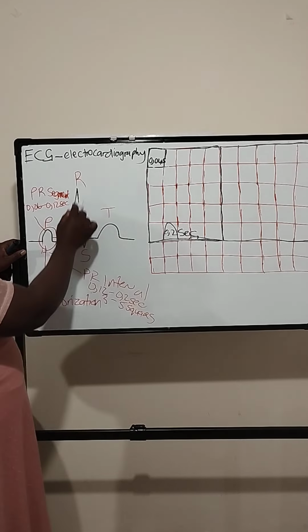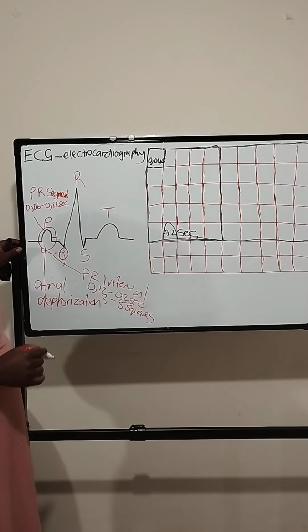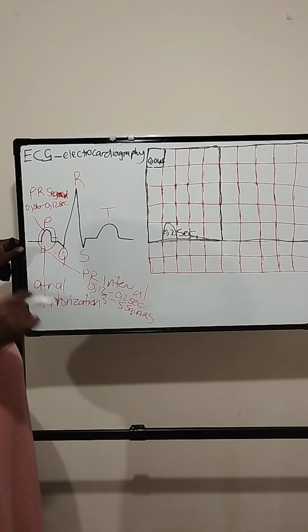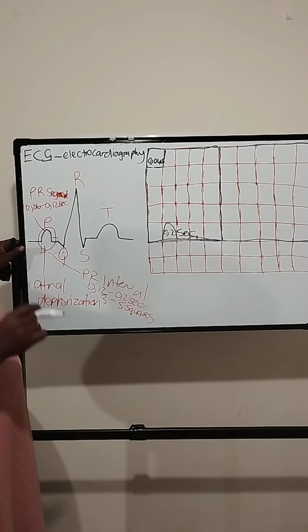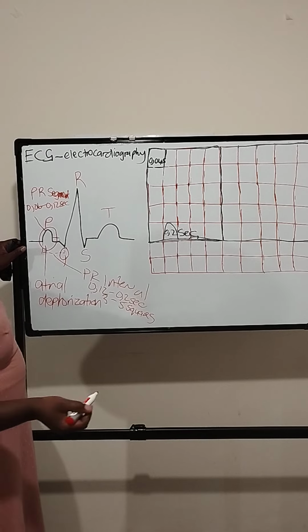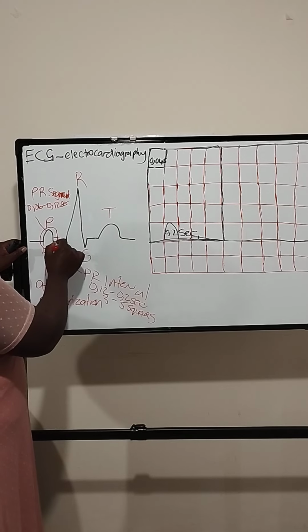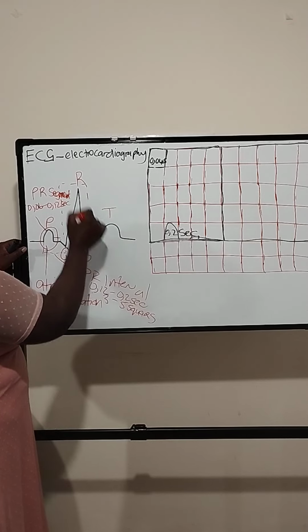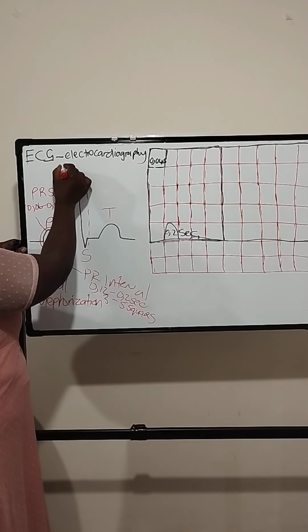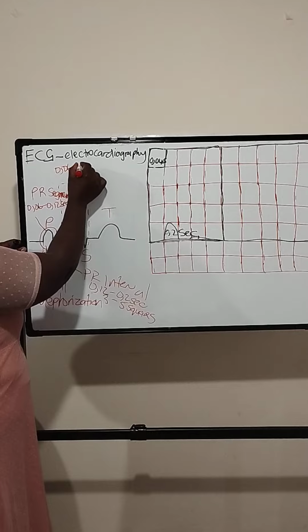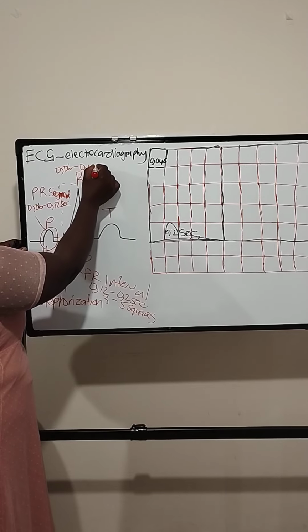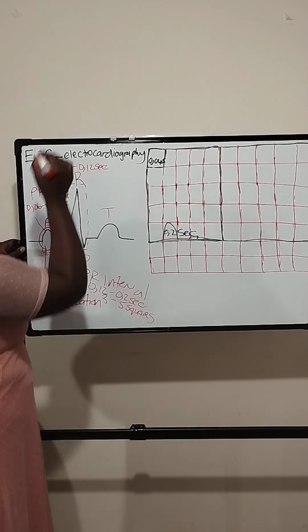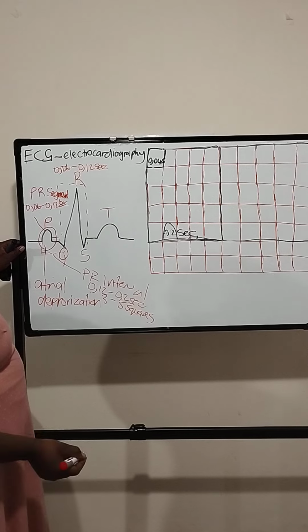The QRS complex represents ventricular depolarization or contraction of the ventricles, and usually it is 0.06 to 0.12 seconds under normal circumstances.